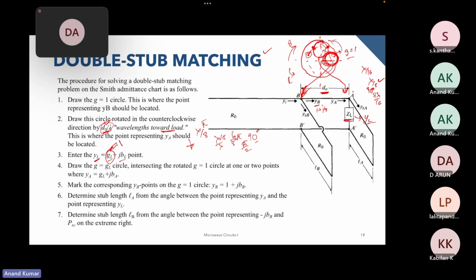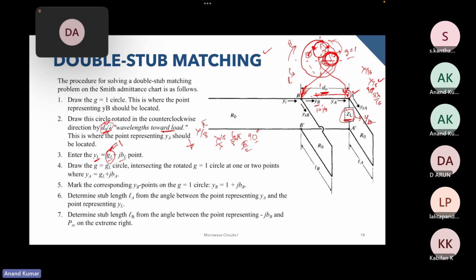Okay, so we have reached over here. The value was over here, and then we made this value equal to 1. So this was YL, and then we entered over here, and then we found out the value due to this stub.